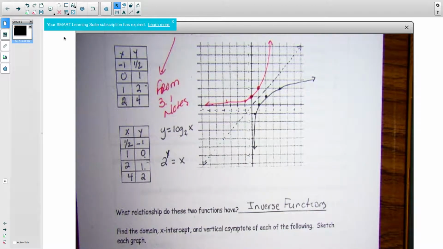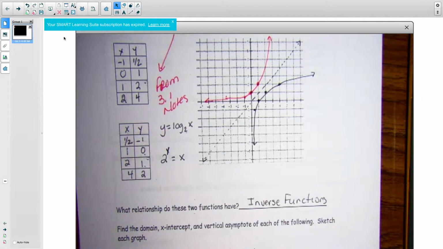Find the domain, x-intercepts, vertices, and asymptotes of the following. Sketch the graph. Well, this is base 10. So 10 to the y power equals x over 4.